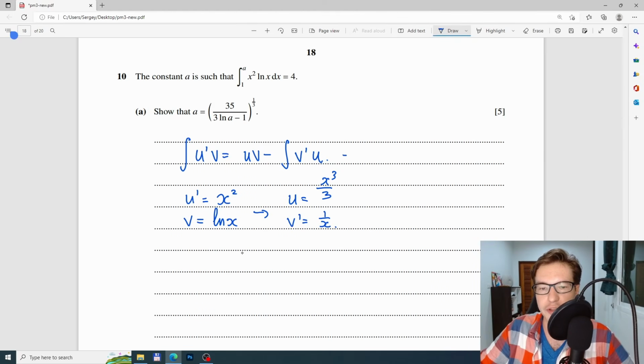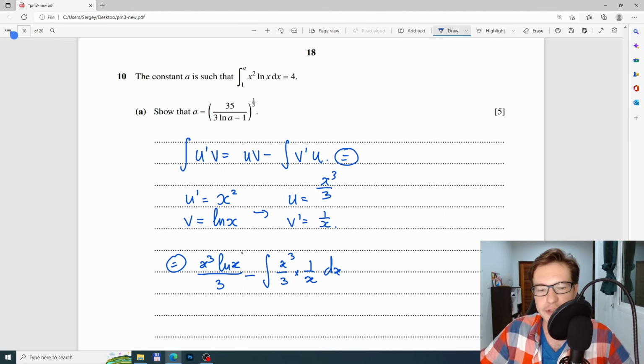And when I substitute this into the formula for the integration by parts, I will get x cubed log x over 3 minus the integral of x cubed over 3 times 1 over x dx.